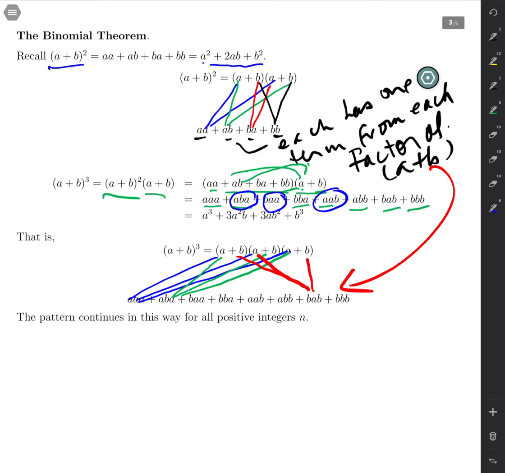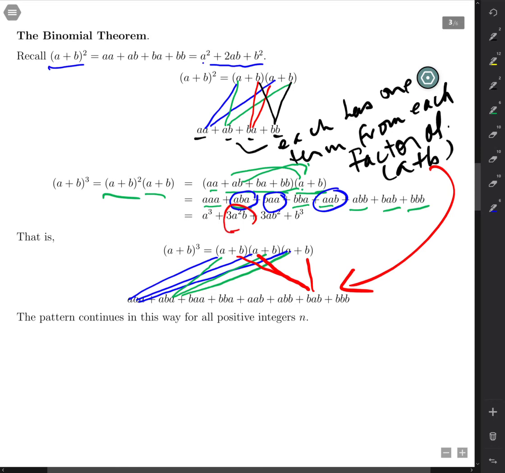Now, how many of these then gave us the 3a squared b? Well, the number that gave us the 3a squared b, 3a squared b has 2 a's, 1 b. So in how many ways can we get 2 a's and 1 b by choosing one from each of those?